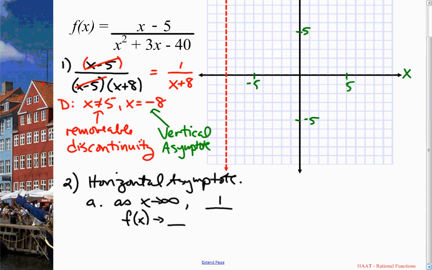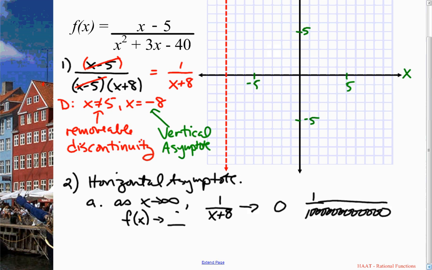In this case, as 1 over x plus 8, as x gets larger and larger, it's going to have more and more important role. So the first way to talk about it is to say, if I plugged in, let's say, 1 billion for x, that's going to go to 0, because you're going to get 1 over, pick your favorite large number, and that's going to be basically 0.